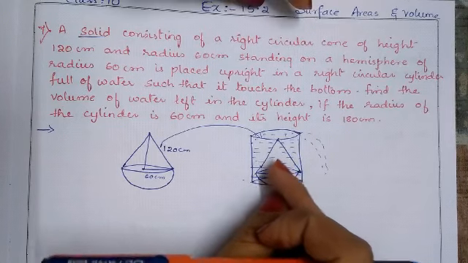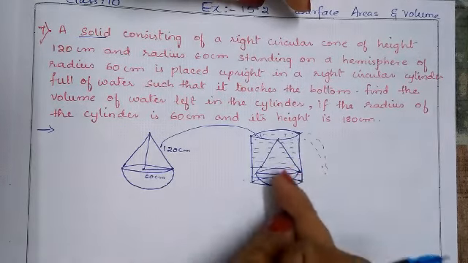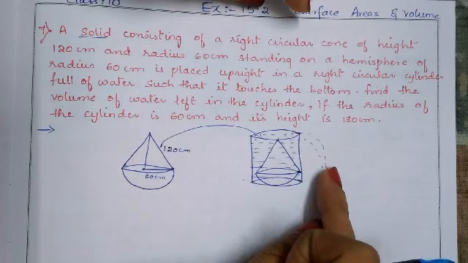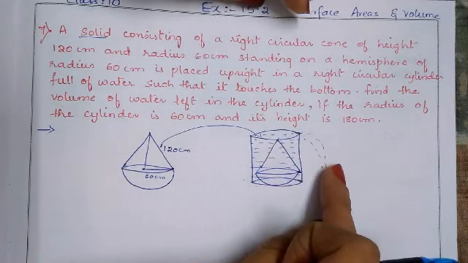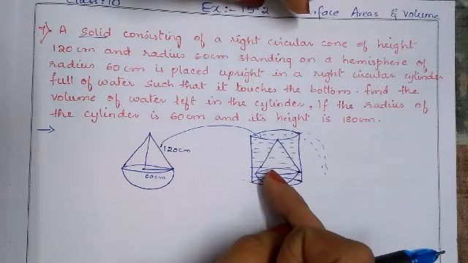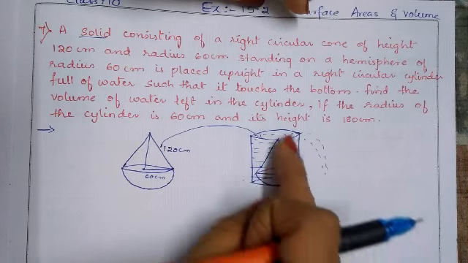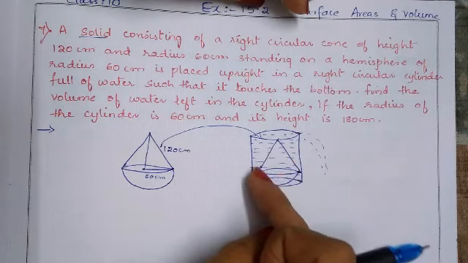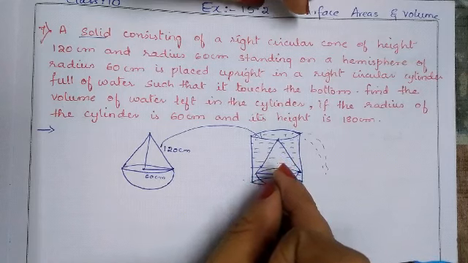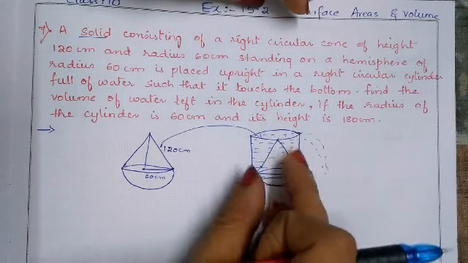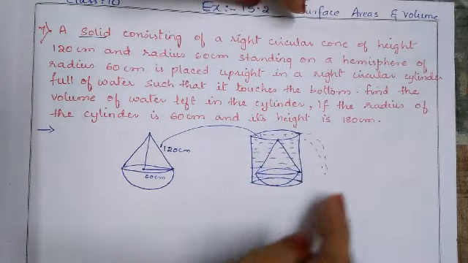So here also the solid is replacing the water. How much water will flow out is nothing but the volume of the solid. That much water will flow out, right?